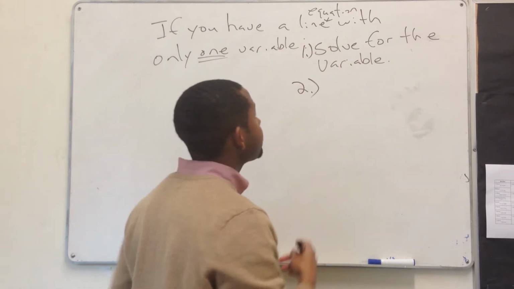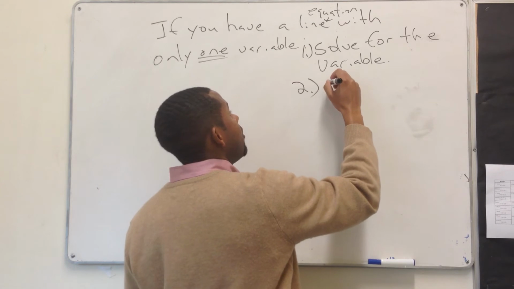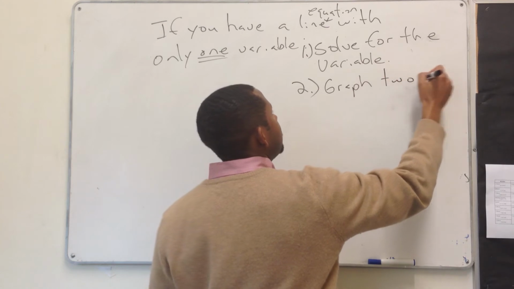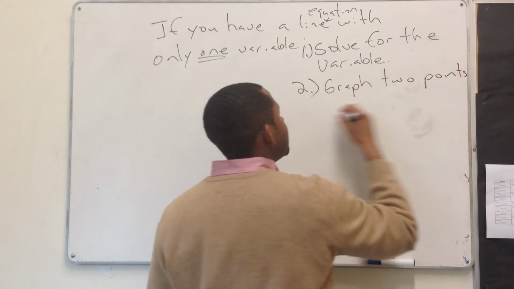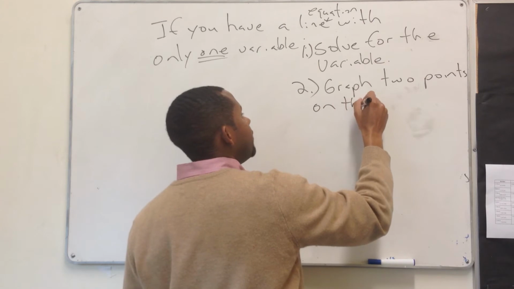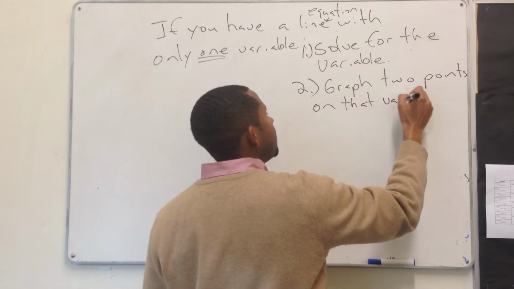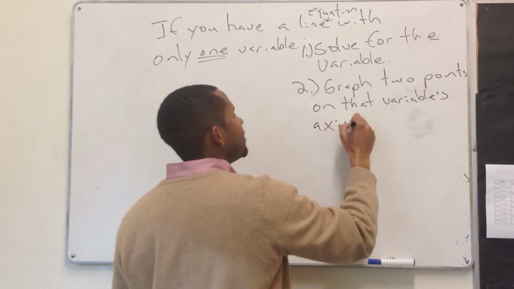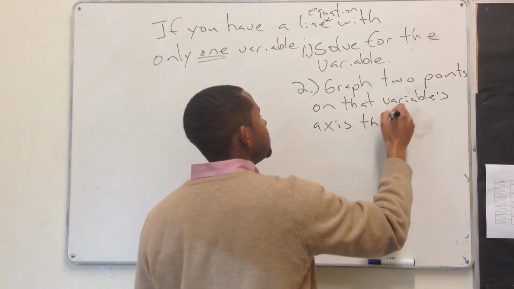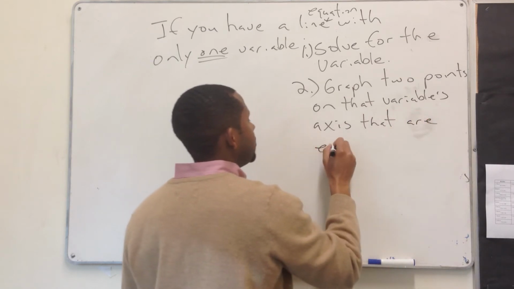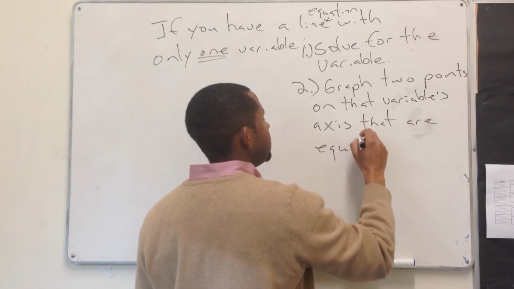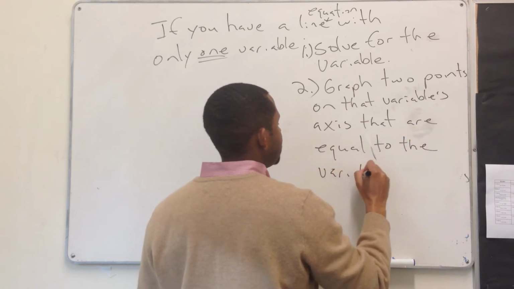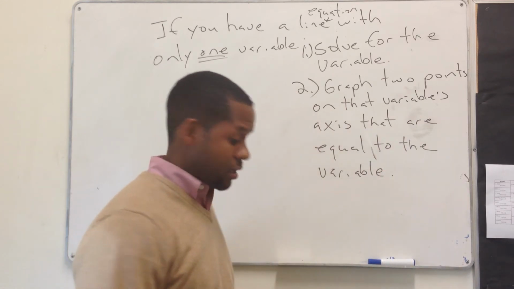Secondly, graph 2 points on that variable's axis that are equal to the variable. So what am I talking about?